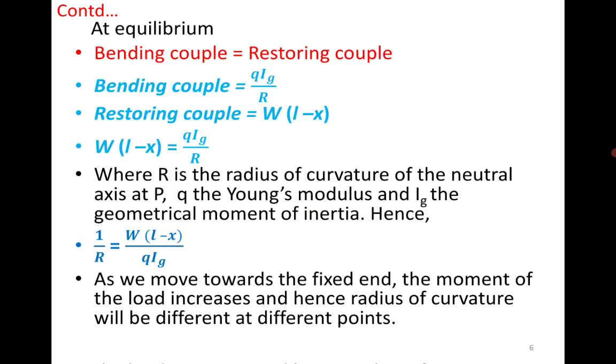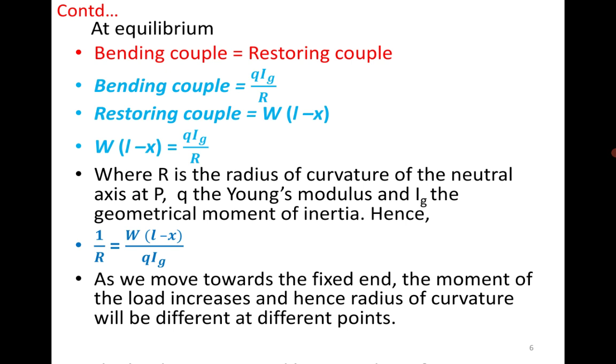Then at equilibrium, the bending couple is equal to the restoring couple, and in the last session we know that the bending couple is equal to QIg by R. Then the restoring couple is equal to W into L minus x.